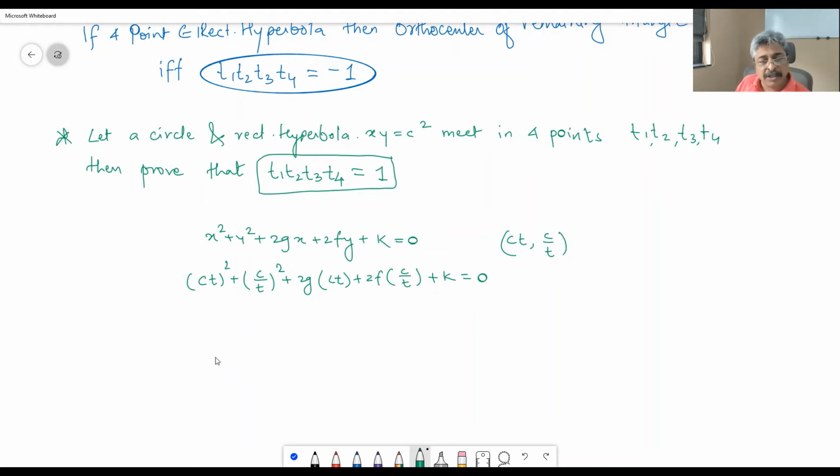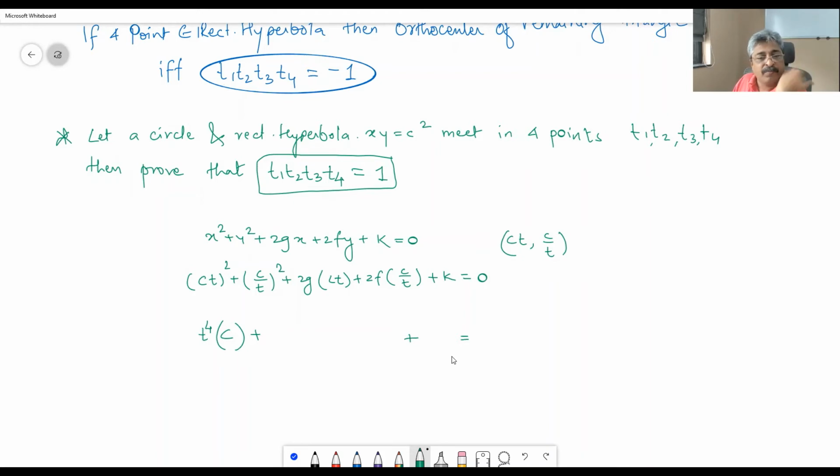So we should be interested in the constant term and the coefficient of the fourth degree. What is the coefficient of t raised to 4? If we multiply throughout by t square, we will get t raised to 4 here. So c, correct? And plus something, and the last term will be constant.